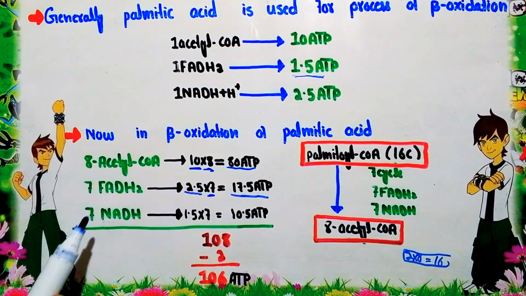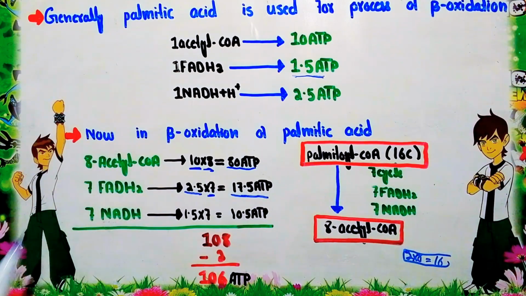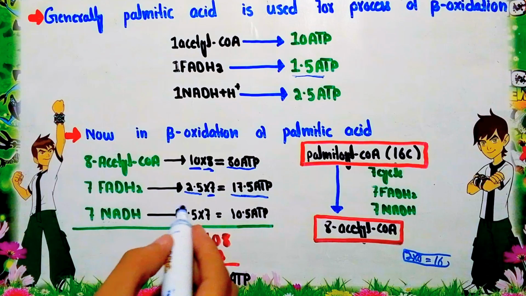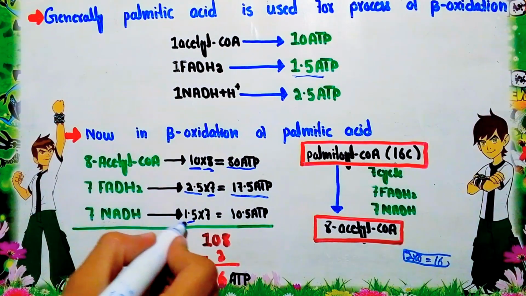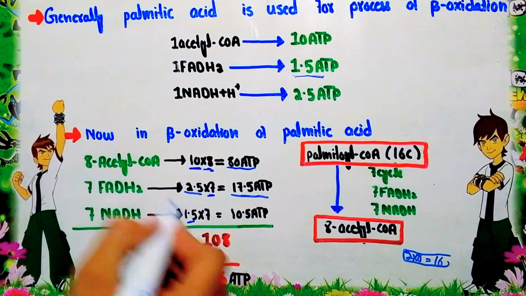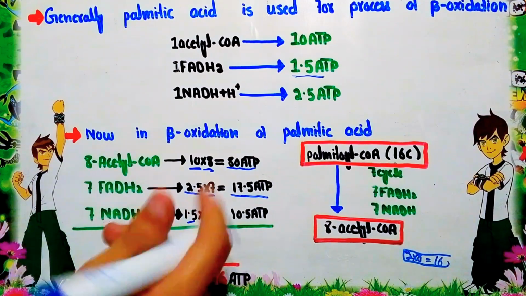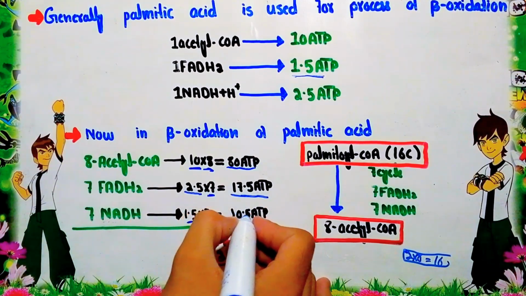Now 7 molecules of NADH are produced in the beta oxidation of palmitic acid. One molecule of NADH through the electron transport chain will produce 2.5 ATP, but here 7 molecules are produced, so simply multiply 7 by 2.5 ATP. Finally we get 17.5 ATP.